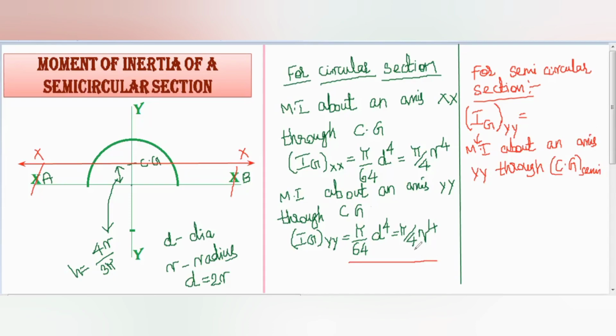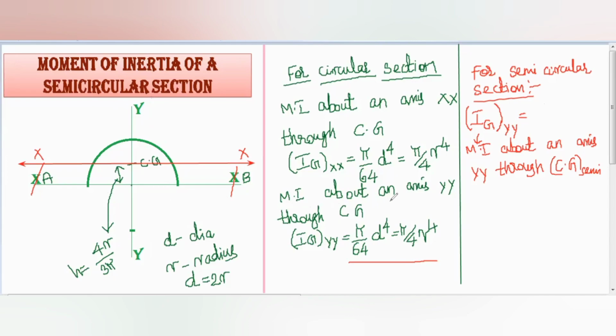Okay, now we are going to take this radius formula. For the circle, it is pi by 4 r power 4, and there is no shifting of the y axis for a semicircle or circle. The only change is that half the portion of the circle has to be removed.